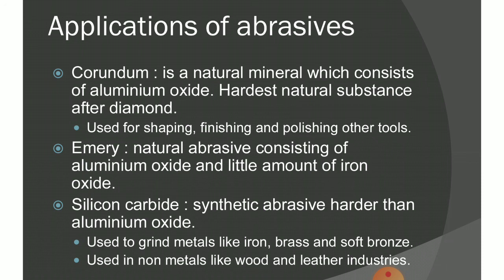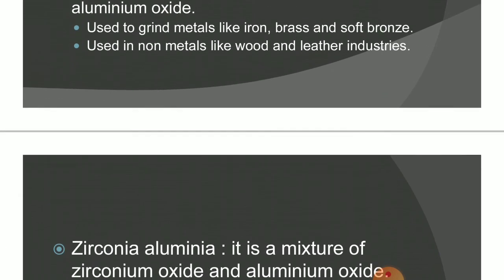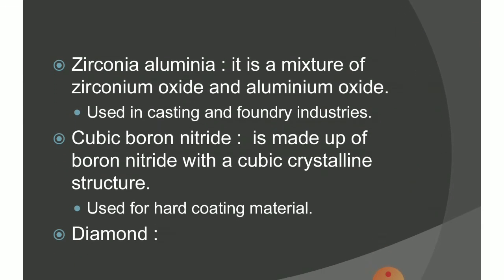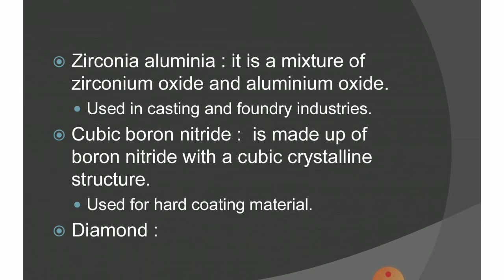It is used in non-metals like wood and leather industries also. Next one is the zirconia alumina. It is a mixture of zirconium oxide and aluminum oxide used in casting and foundry industries, right?